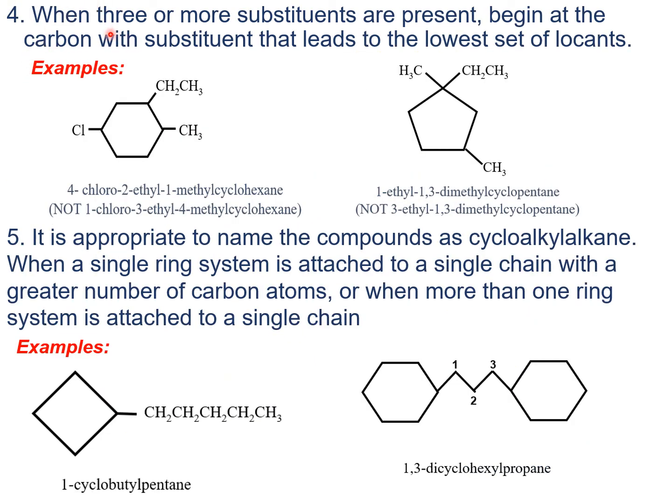Next, kalau let's say you ada 3 or more substituents yang ada dekat the cycloalkane, what you need to do ialah you can begin the numbering the substituents yang ada lowest set of alkanes. Okay, I believe in this case dia masukkan molar mass if I'm not mistaken. For example, as you can see, this is the parent. Parent kat sini ialah cyclohexane.